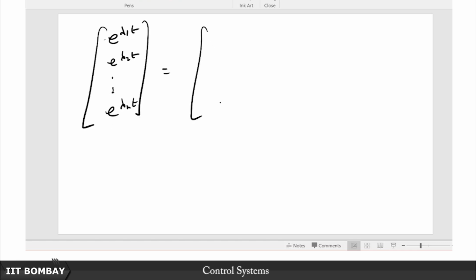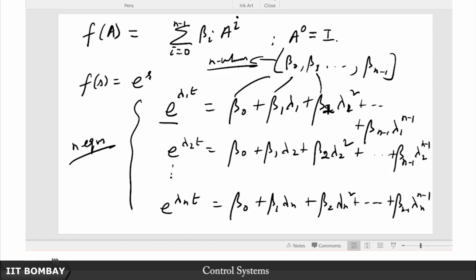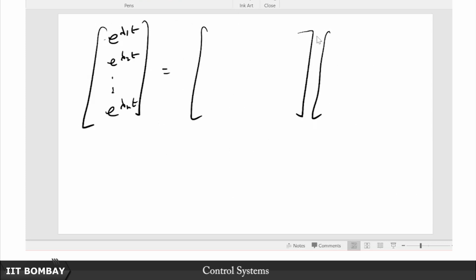This gives rise to this form of a matrix. So we have beta 0, beta 1 dot dot dot till beta n minus 1, this is an n cross 1 matrix. This is our unknown.